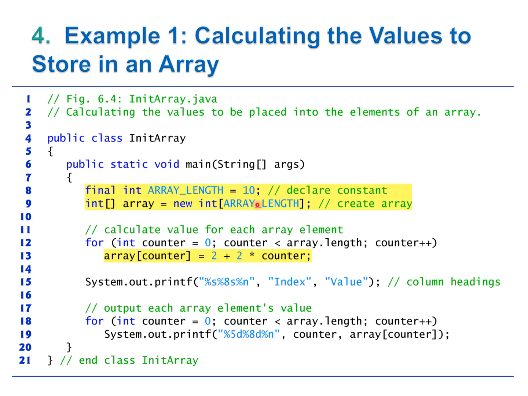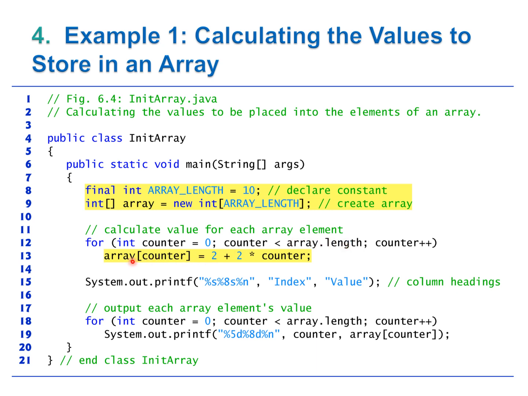After declaring and creating the array, the program has a for loop that goes through the indexes of the array from 0 to 1 less than the array length. Here it uses the length instance variable of the array to get the array length.